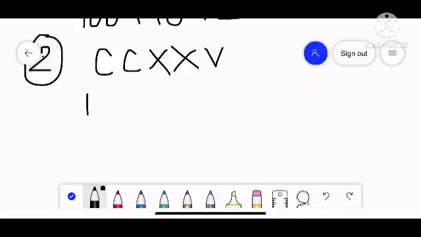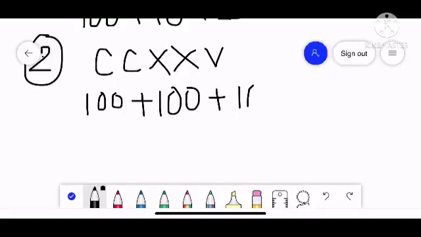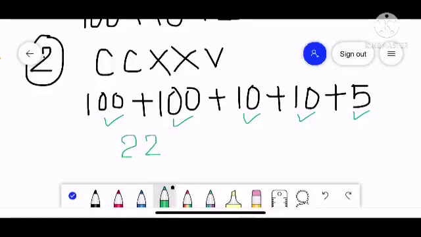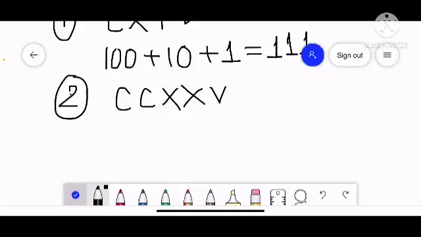That is 100, and again 100, after that 10 and 10 and 5. Now we are going to add them, and we will get 100 plus 100, 200, plus 20, that is 220, plus 5, that is 225 is the answer.